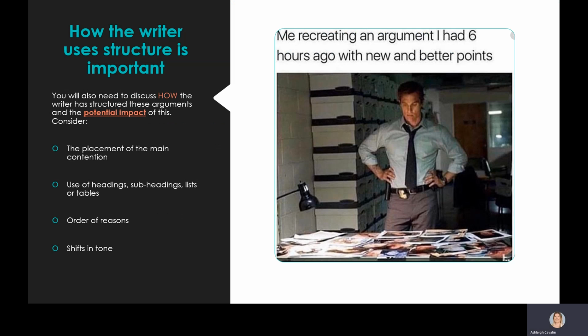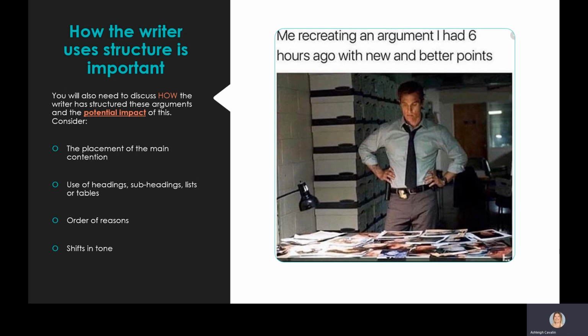Another point to consider is how the writer uses structure. This is a very important feature. You'll need to discuss how the writer has constructed these arguments and consider the potential impact of the manner in which it has been structured.